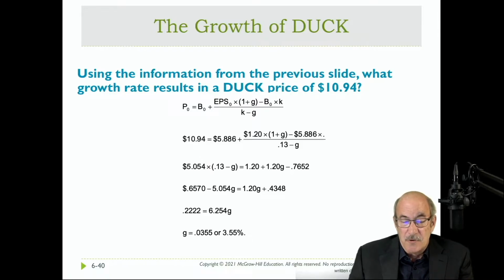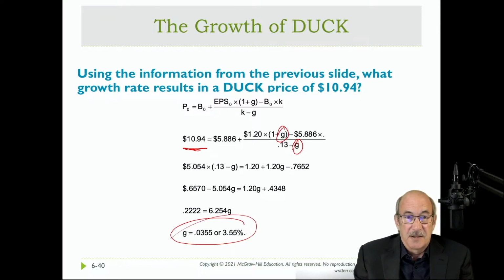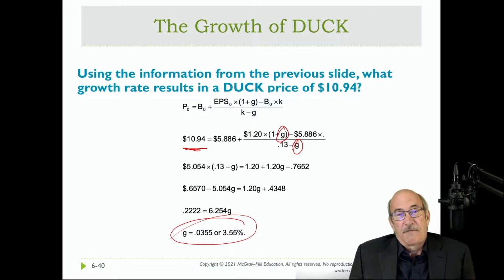So if we do that, we plug in $10.94 as the value of the stock, everything else stays the same, and then we solve for G, we end up finding that a G of 3.5% is implied by the current market valuation on the stock.